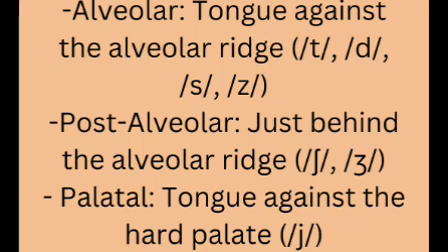Further along under place of articulation, we have the velar sounds. The velar sounds are sounds that are produced with the velum. The velum is that portion of your mouth that looks like a bell dangling down your soft palate.